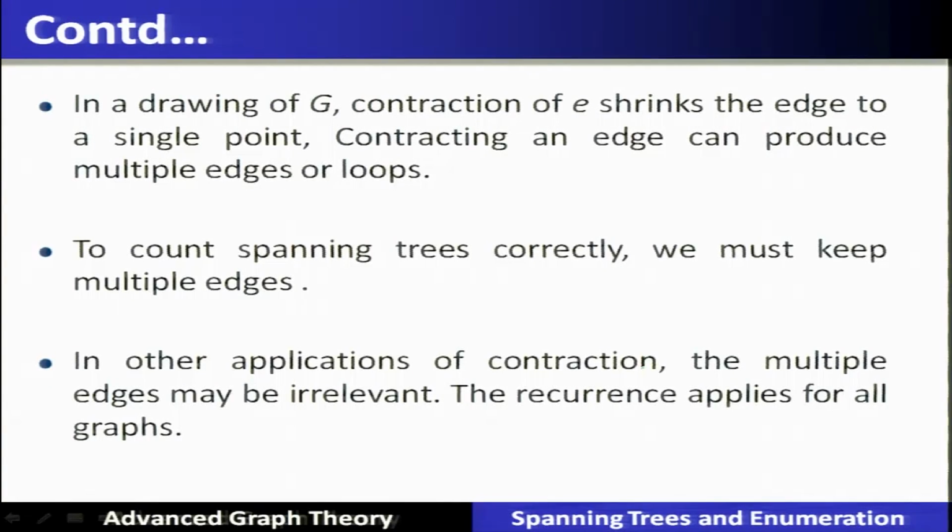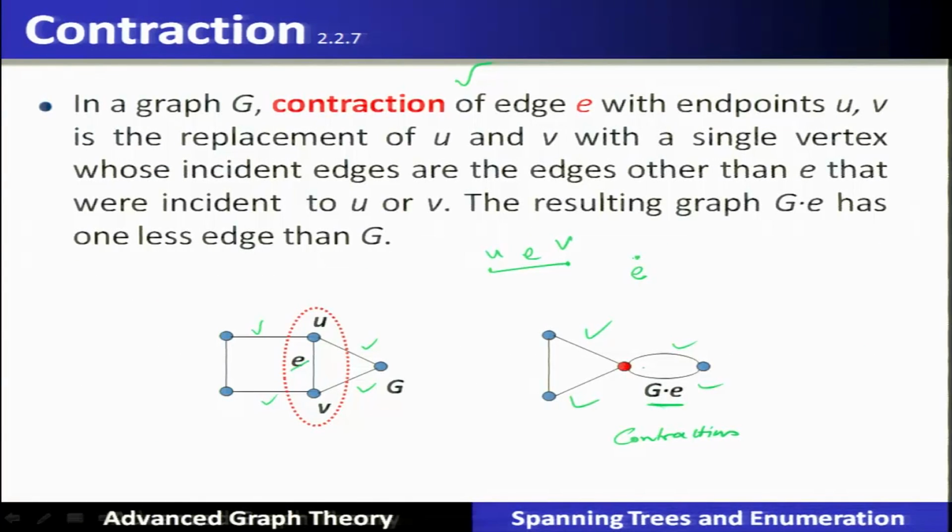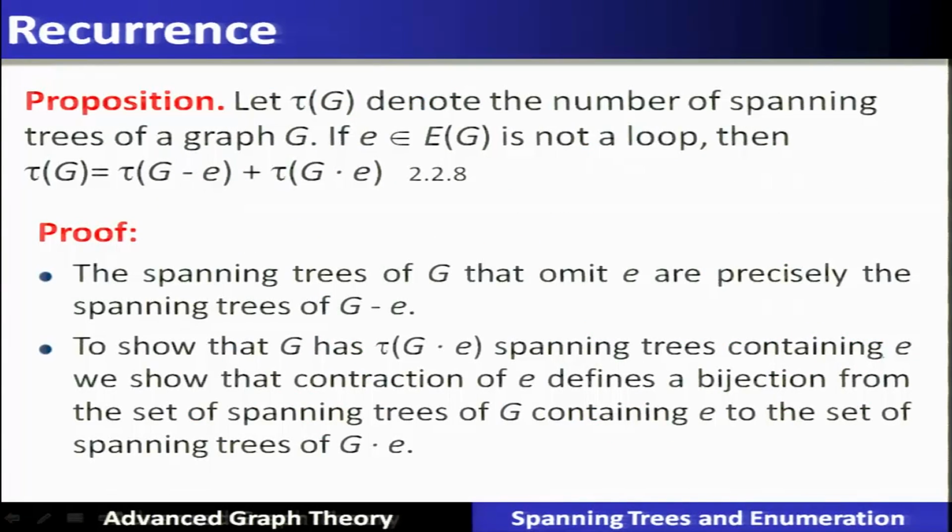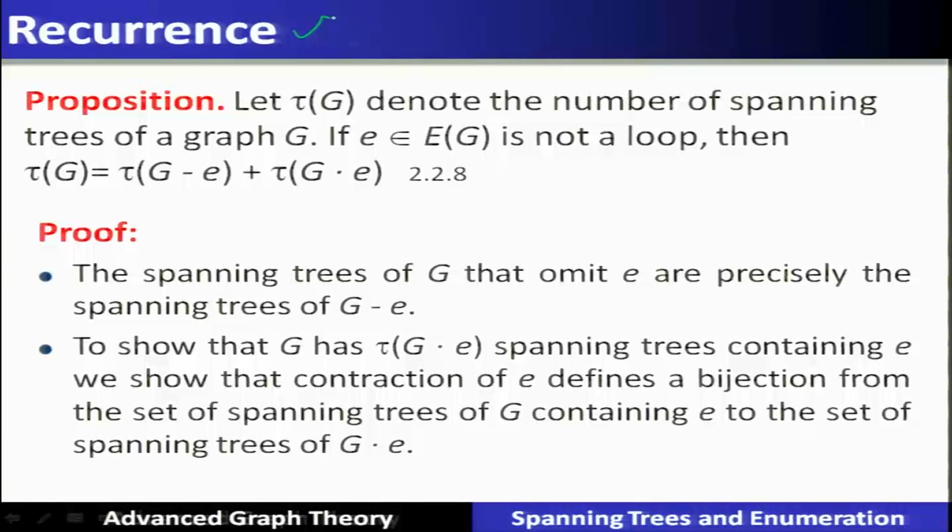To count the spanning trees correctly, we must keep the multiple edges resulting from that contraction. With this we have come up with a recurrence equation, and this recurrence equation will help us find how many different spanning trees there will be for a given graph G. So let us see the recurrence equation.